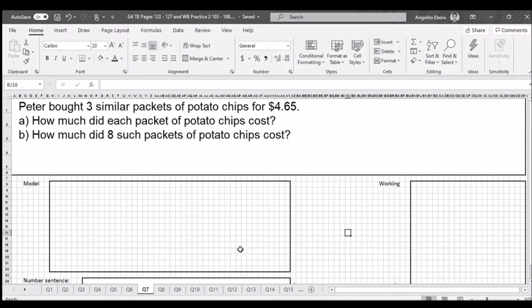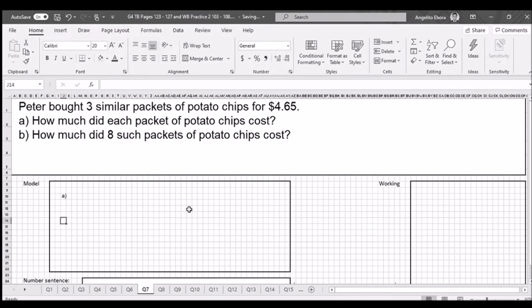So how much did each packet of potato chips cost? And how much did 8 such packets of potato chips cost? Okay, so this one is similar to the previous question that we answered here. Okay, so letter A, and then we have letter B later.